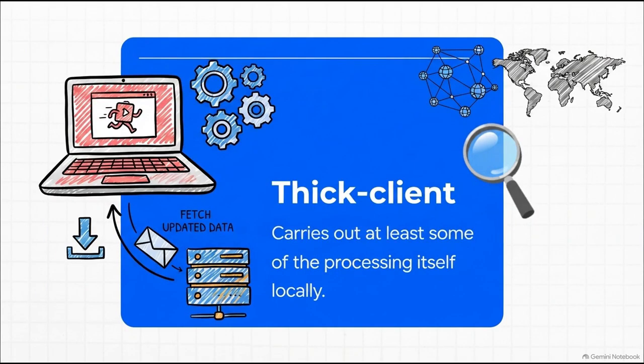And you can contrast that immediately with a thick client. A thick client actually handles at least some of the processing locally right on your device. It might download the app entirely and run it itself, and then just use the server mostly to fetch updated data. So an easy way to remember it: thin means highly dependent, thick means highly independent.